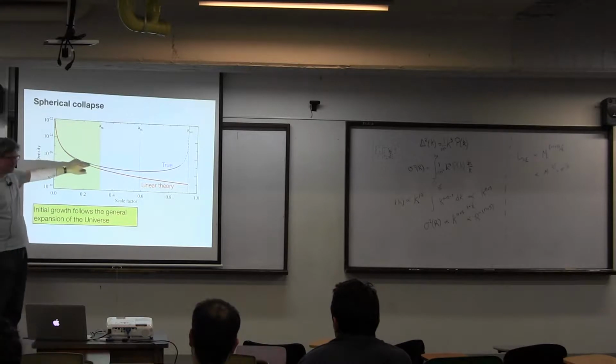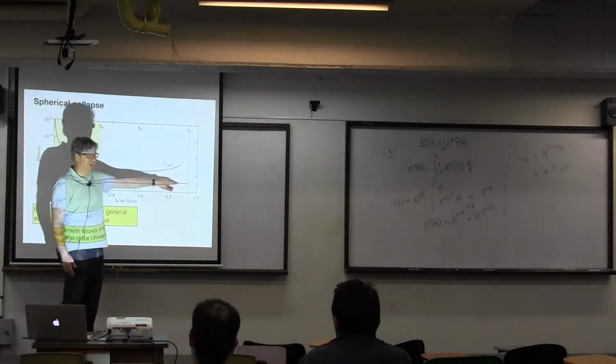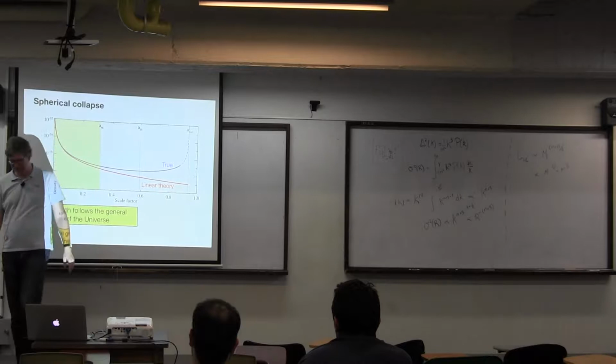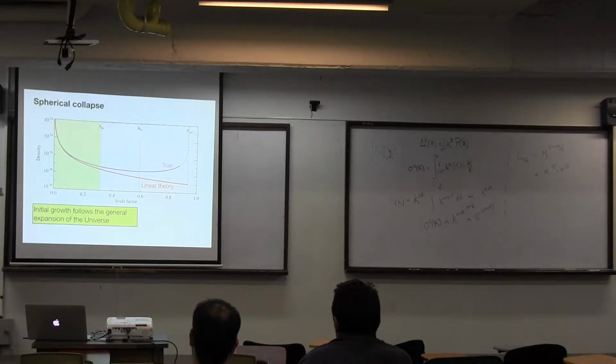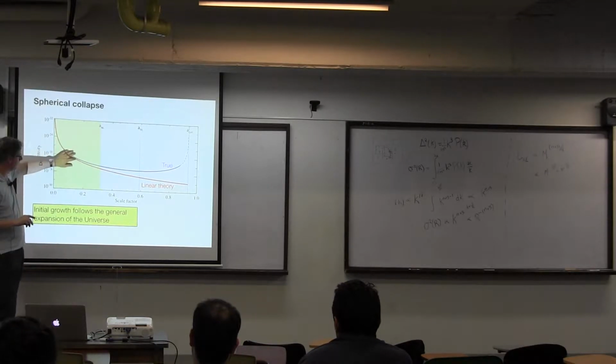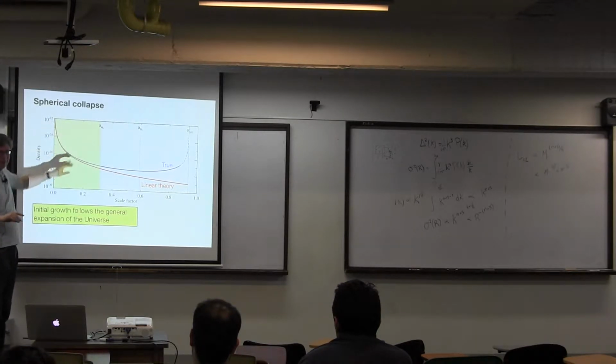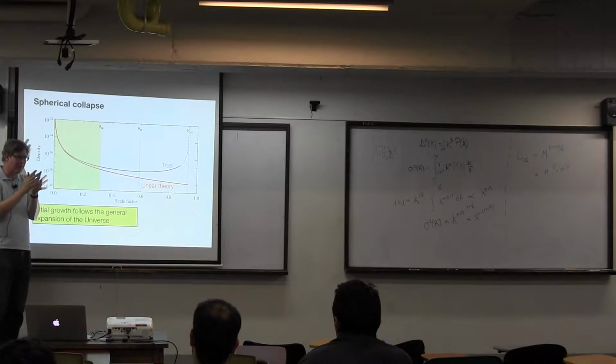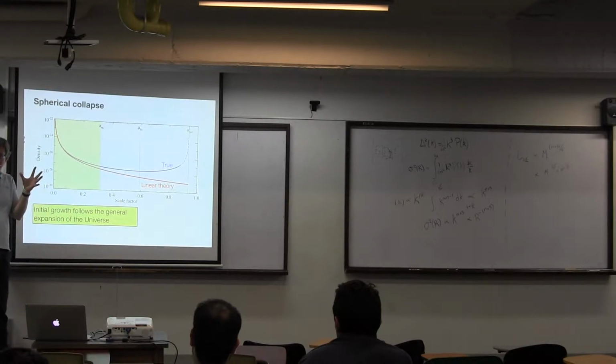But still, this is not very exciting if you want to form an object because it becomes less and less dense. In contrast, the true spherical solution is this blue line. So also in the beginning, it's just a slight overdensity, right? So it follows the surrounding universe very closely in the beginning. So it expands with the universe.